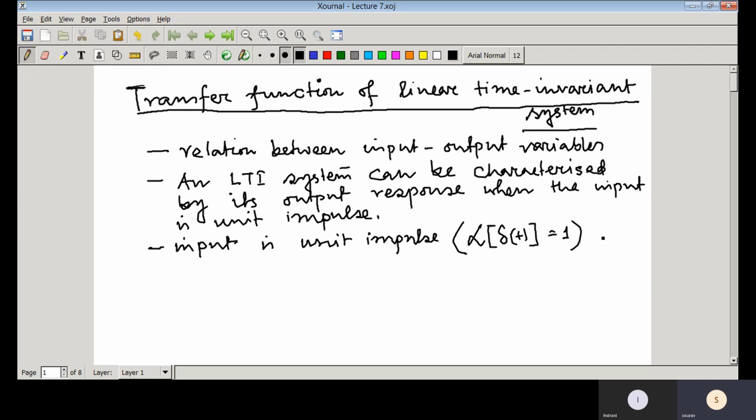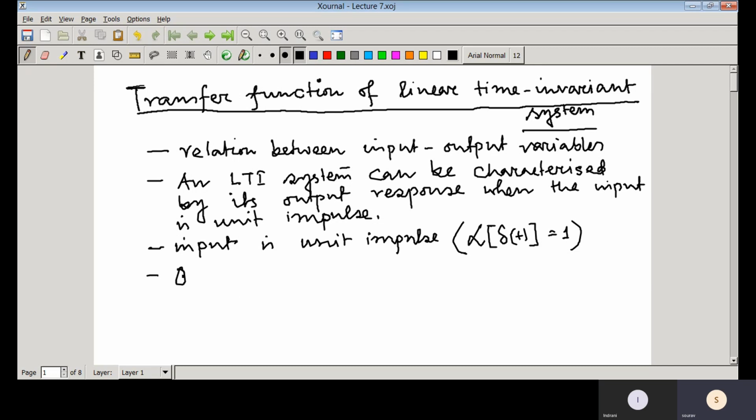So once the impulse response of a linear system is known, the output of the system y(t) with any input u(t) can be found by using the transfer function that just now I have pointed out.